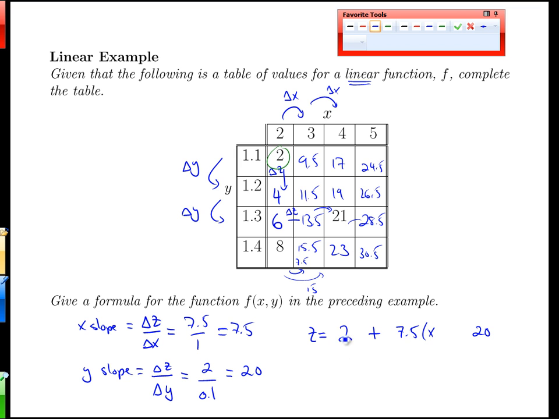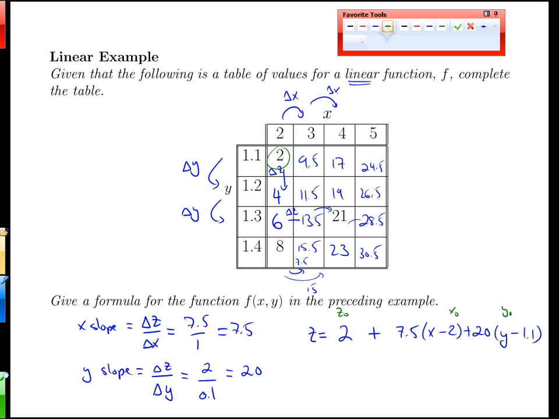Instead of c plus mx, we're going to have, let's call it z naught, x naught, and y naught. So we're going to have z naught, which is my base z value, and then I'm going to get changes in that with slope 7.5 when I change x away from 2, and I'm going to have changes when I move y away from 1.1.